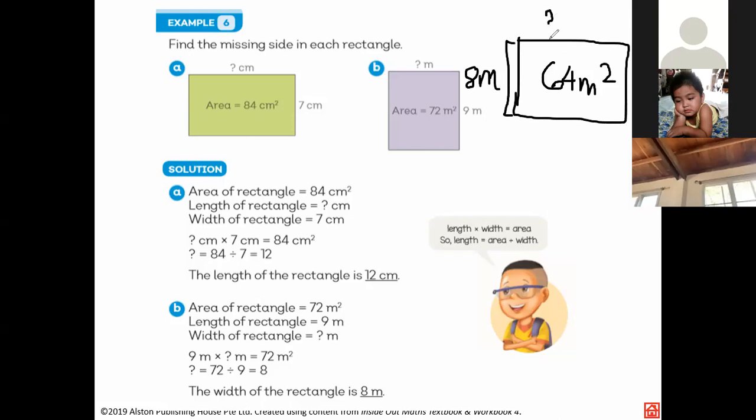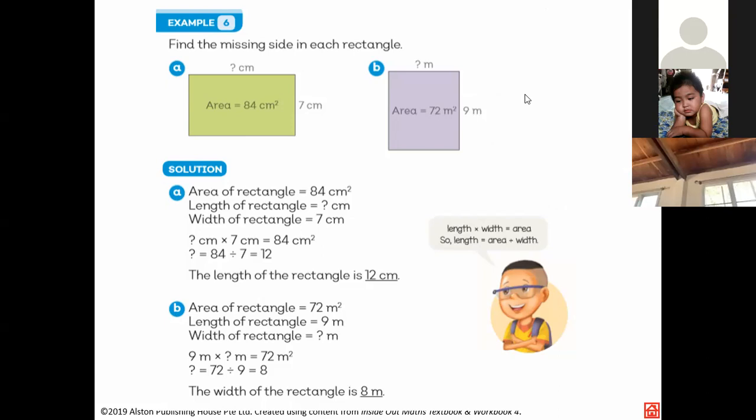So what is the measurement of the length over here? 8 meters. Very good. So 64 meters squared divided by 8 meters. So you cancel the squared. So 64 divided by 8, that's 8 meters. So the missing length here is 8 meters.